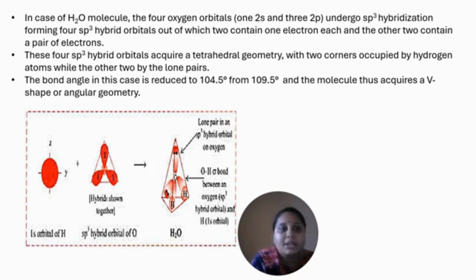These four sp3 hybrid orbitals acquire a tetrahedral geometry with two corners occupied by hydrogen atoms while the other two are occupied by the lone pairs. The bond angle is reduced to 104.5 from 109 degrees.